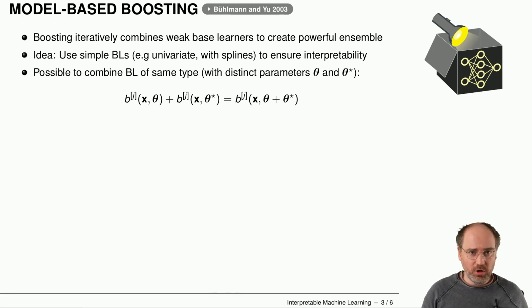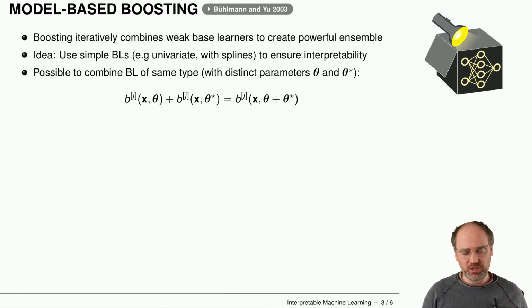Now, in model-based boosting, the idea is to use base learners which, in the fundamental version of model-based boosting, only act on one feature, and we use splines, as we have explained before for a GAM model.